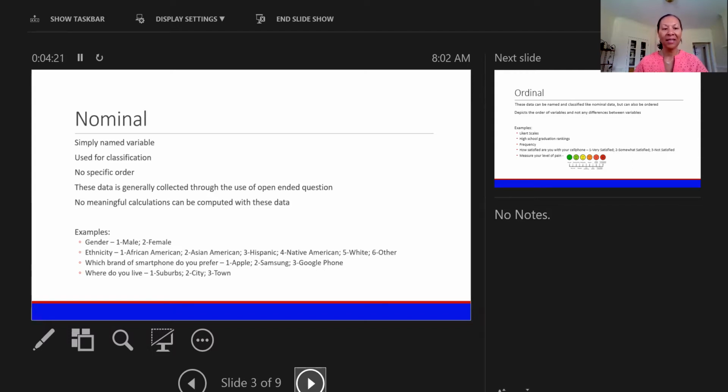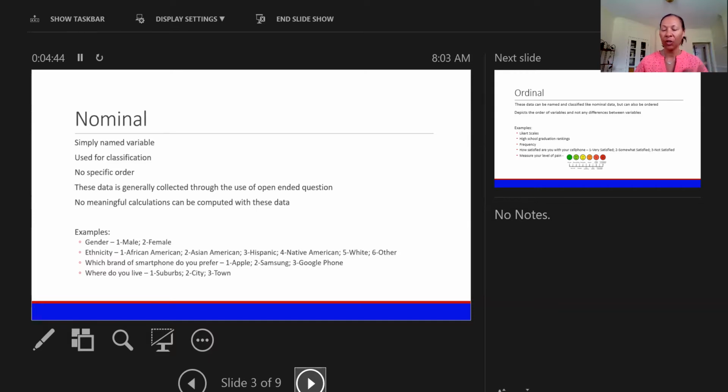And because of how these data are classified, we really can't do any calculations with them. We can't do a t-test. We can't do an ANOVA, an ANCOVA, or multiple regression. This information is only for classification and labeling purposes.